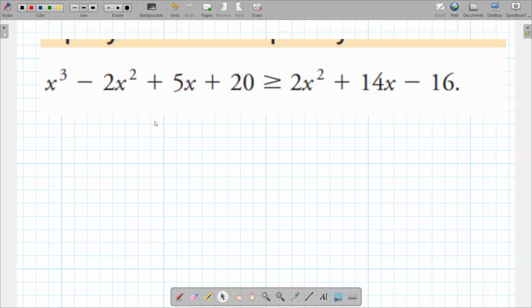So step number one, move everything to one side. So x cubed, and then obviously collect the like terms. Negative 2 minus 2, the x squared terms become 4. Plus 5 minus 14 becomes minus 9. Plus 20 plus 16 becomes 36.